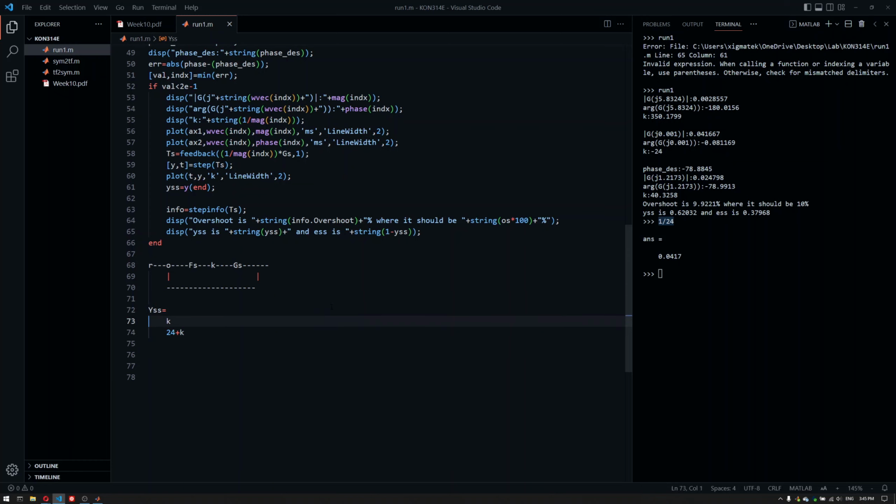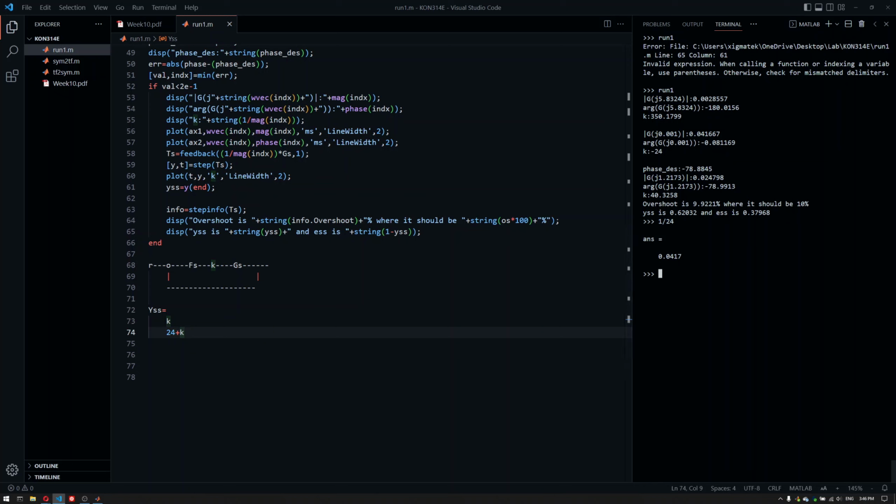If k increases, this will tend to 1. For example, the limit as k tends to infinity goes to 1, but that's not possible with finite values. Therefore, if k is huge enough, 24 will lose its importance and it will be almost 1.